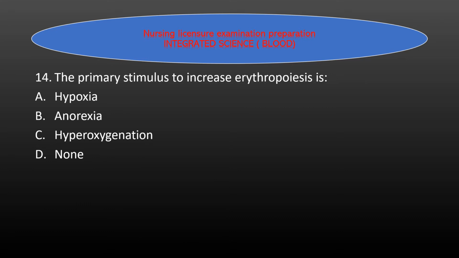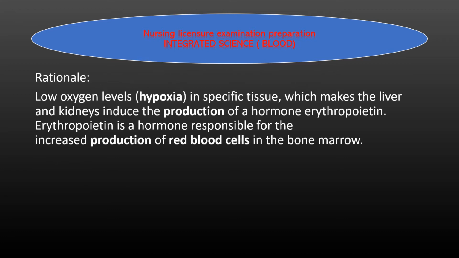Question number 14. The primary stimulus to increase erythropoiesis is option A hypoxia, option B anorexia, option C hyperoxygenation, option D none. And the correct answer is option A, that is hypoxia. Hypoxia means low level of oxygen in the body tissues.